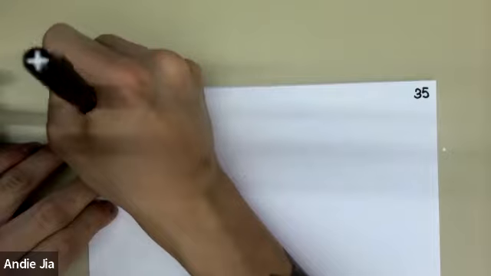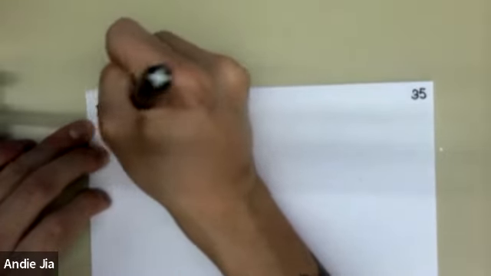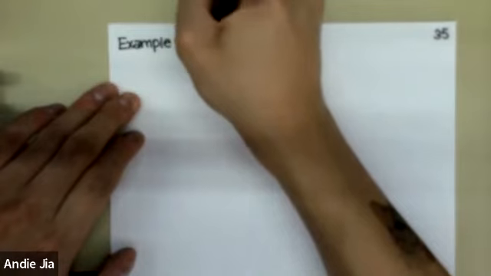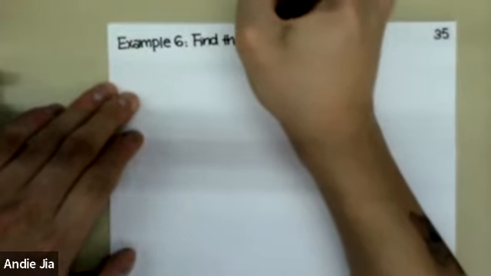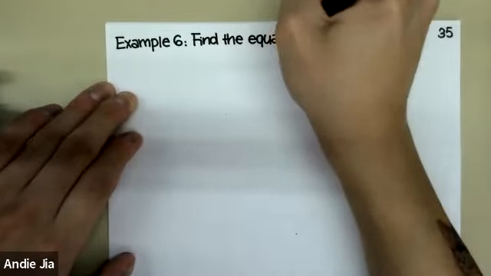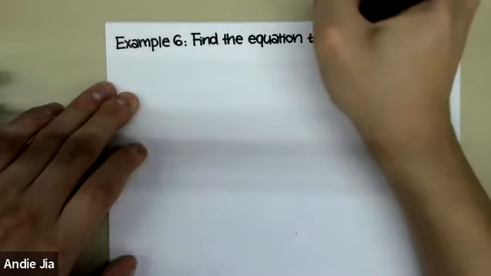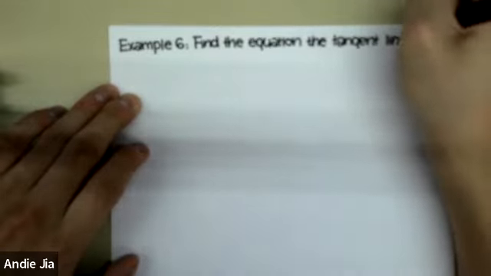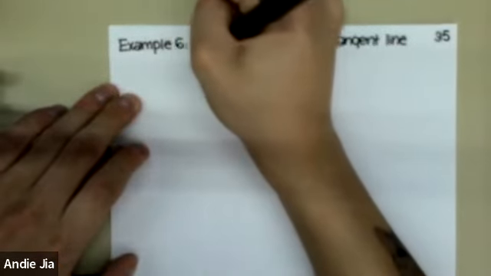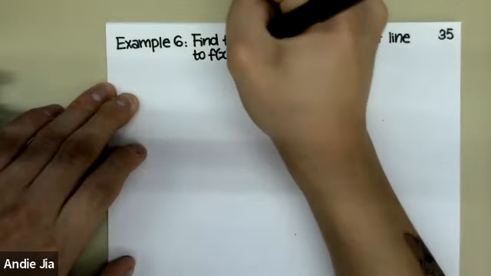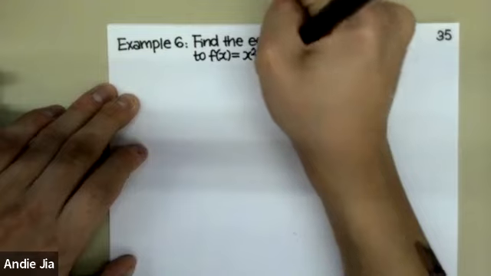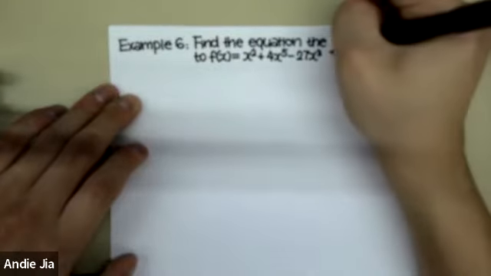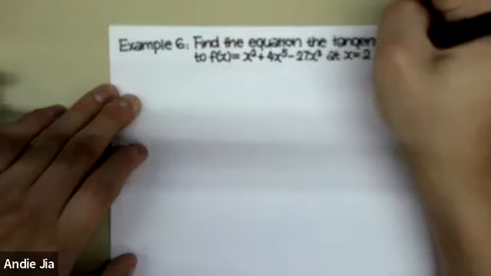Find the equation of the tangent line to f of x equals x squared plus 4x to the 5th minus 27x cubed at x equal to 2.